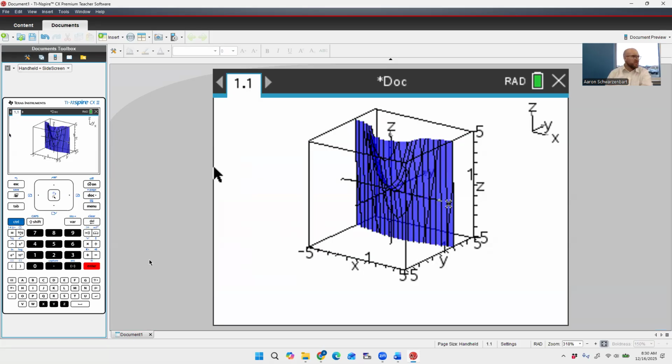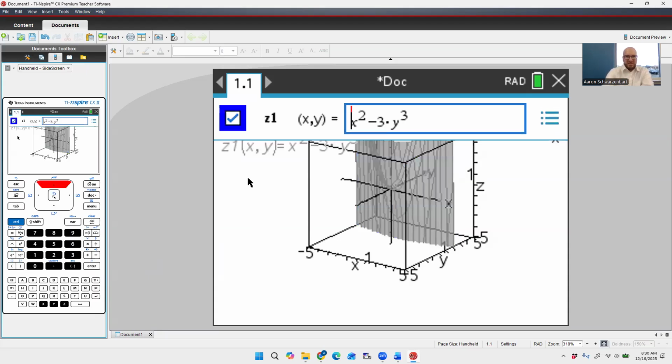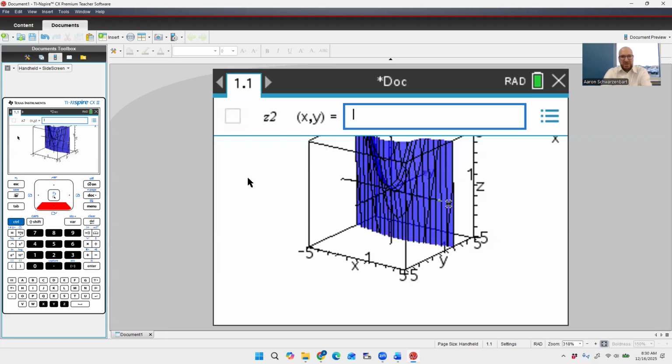And we get interesting looking 3D simulations like this. That kind of makes sense. So the key here is it's just like regular graphing, but you have to go menu, view, 3D graphing. But it's z of x and y.